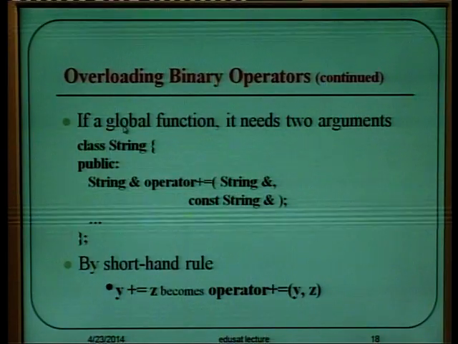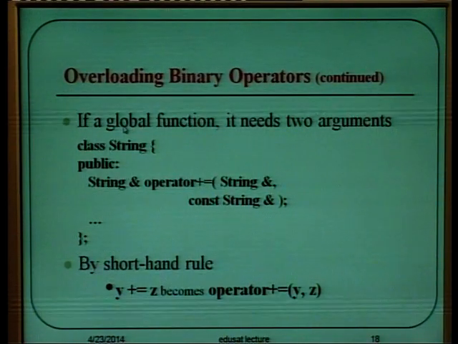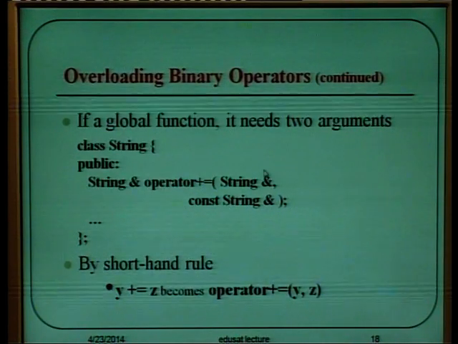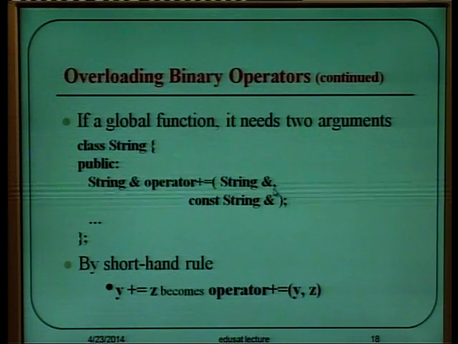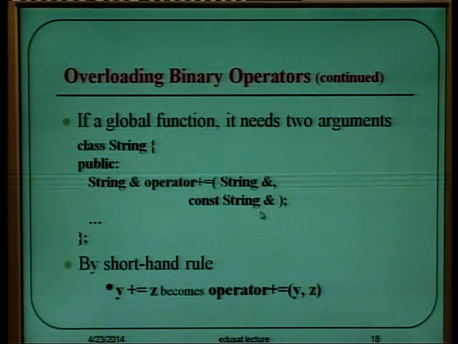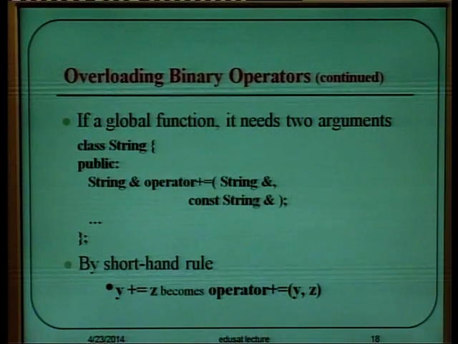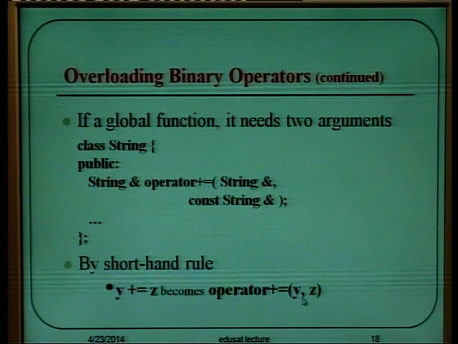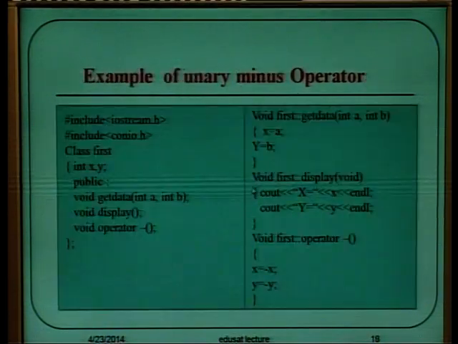If a binary operator is defined as a global function, it needs two arguments, where we pass objects of two classes, one is x and another is z. Here are the two arguments.